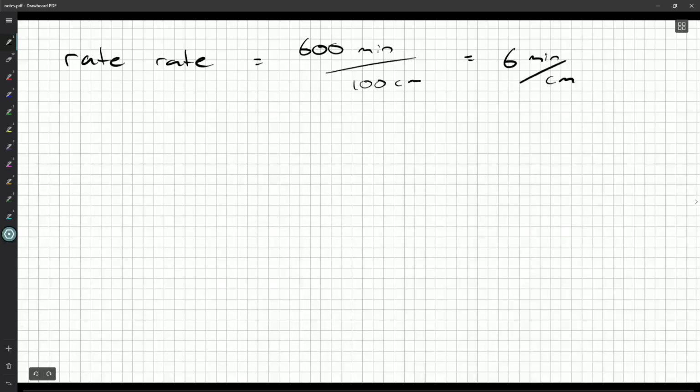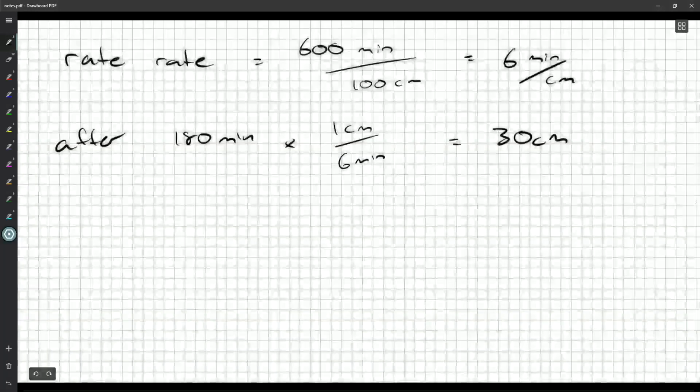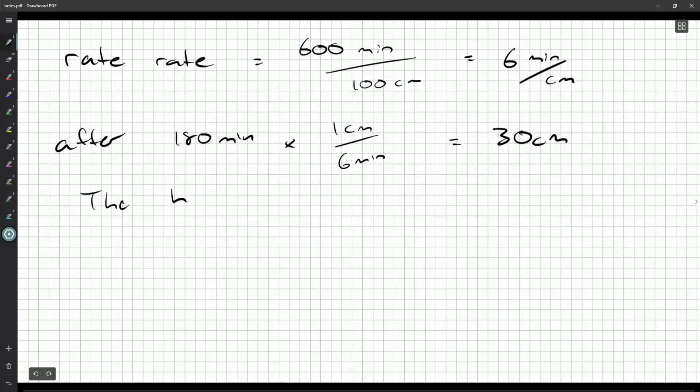And we're asking for, so after 180 minutes, well, that's going to be 1 centimeter per 6 minutes. 180 divided by 6 is 30. So 30 centimeters have been lost. Do we want the height that's left? How much will it have decreased? The height will have decreased. So it'll now be down to 70 centimeters, but the height will have decreased by 30 centimeters.